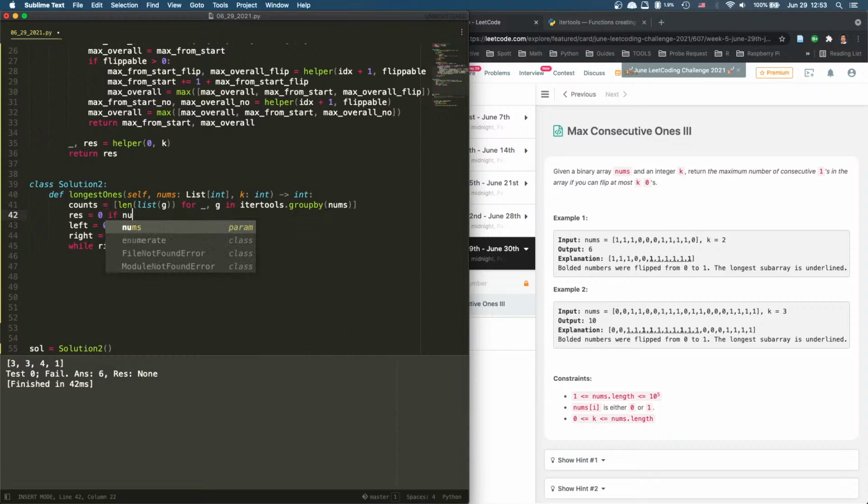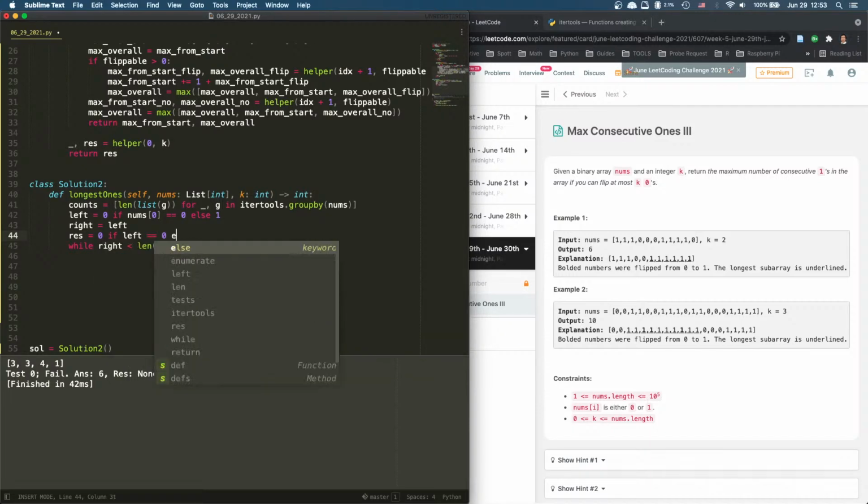If nums, 0, if left is 0. It depends, right? If we're going to say how much is on that. If left is 0, else it's going to be counts 0. Alright, so we go inside.